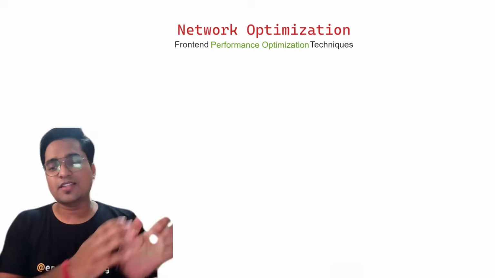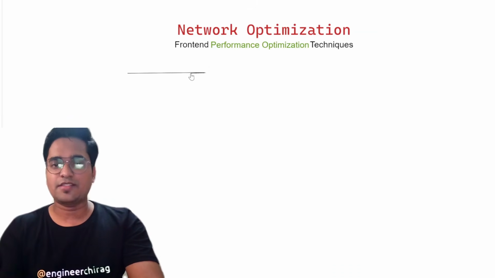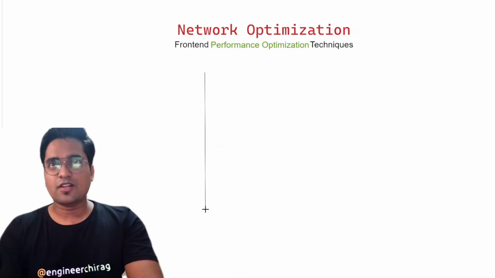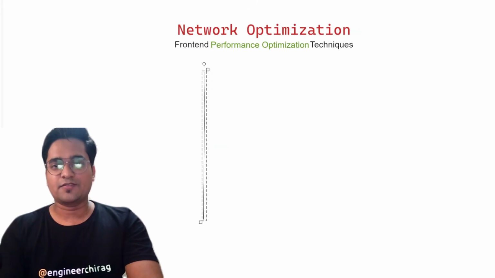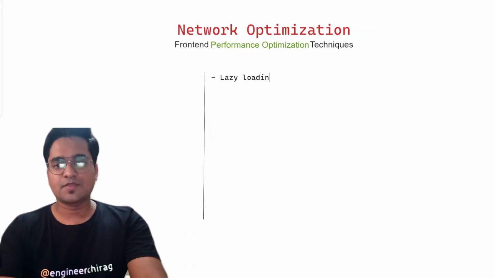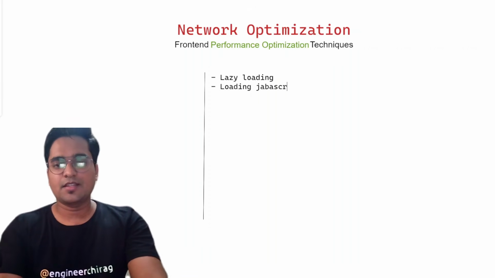So what are we going to cover in this particular episode? Let's quickly talk about that. In network optimization, the first thing is lazy loading. We will also be covering loading JavaScript in an async fashion.